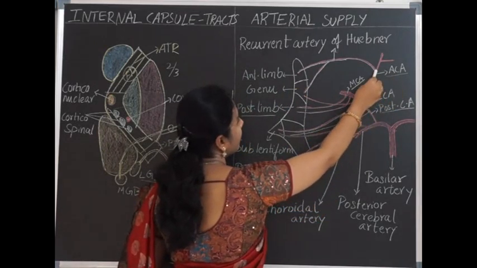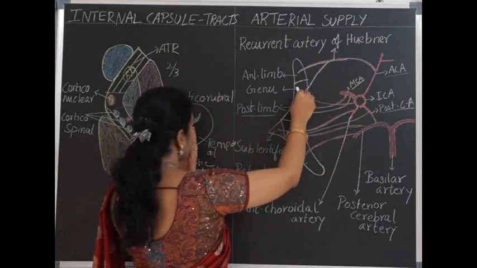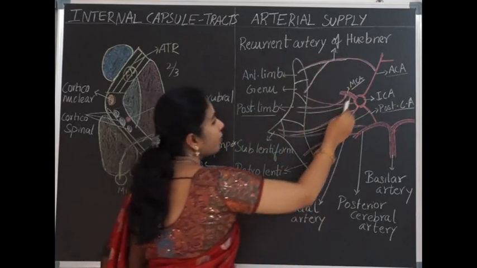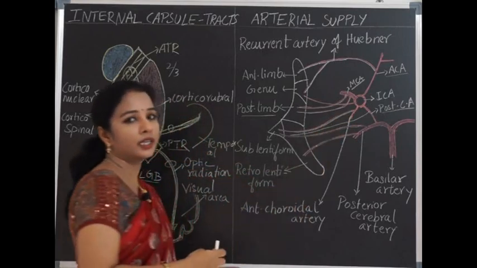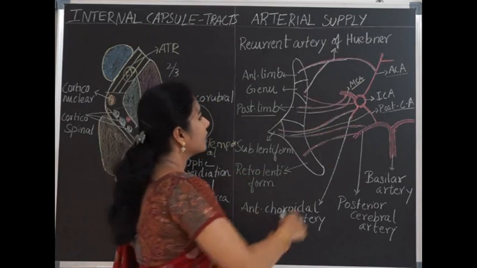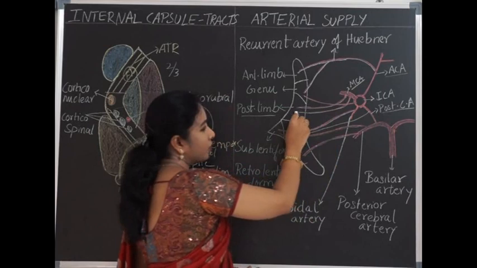The branch of the anterior cerebral artery which supplies the anterior limb as well as the genu is the recurrent artery of Heubner. And from the middle cerebral artery, there are branches called medial and lateral striate branches. These lenticulostriate arteries will supply the posterior limb of the internal capsule.